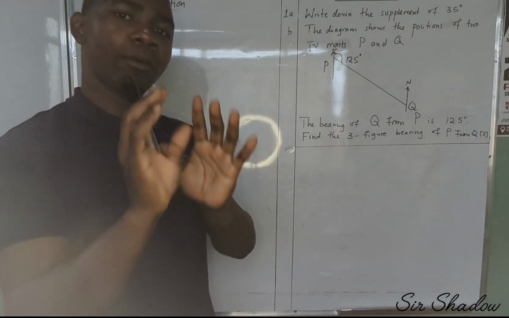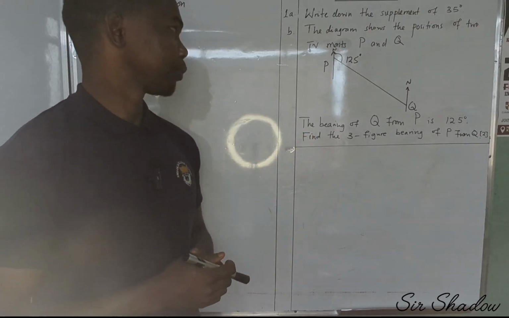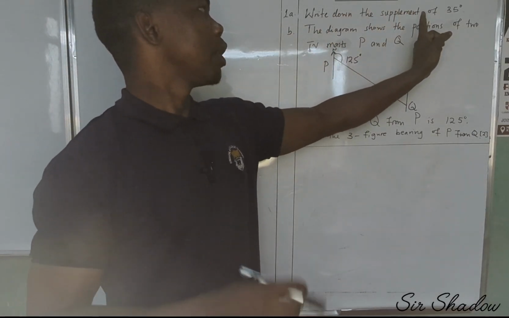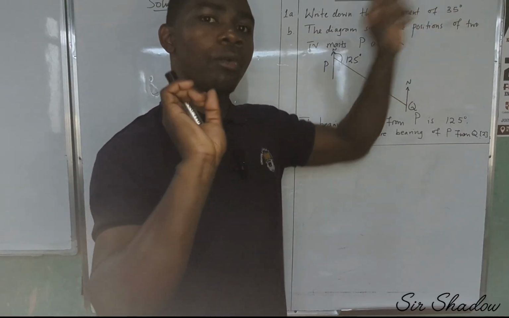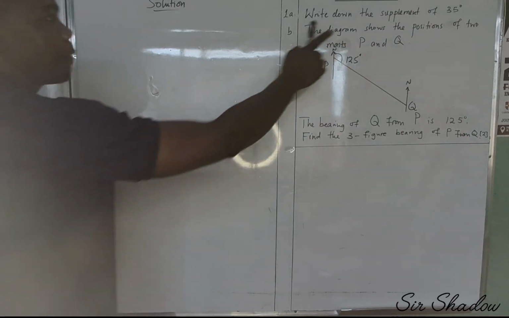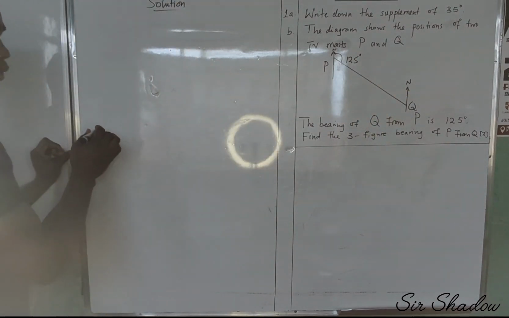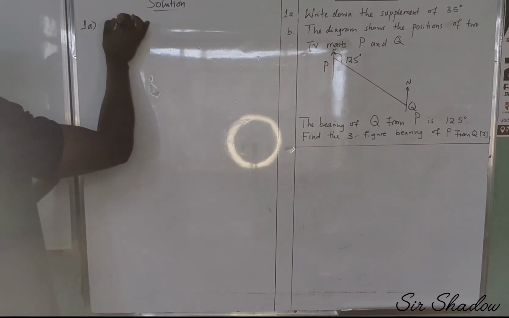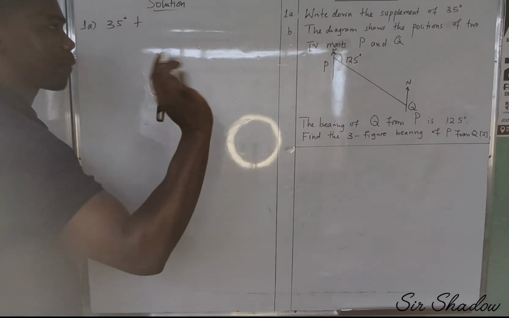So we want to find the angle which, if you add it to 35 degrees, we must get 180 degrees. So 35 degrees plus the supplement of 35 degrees should get 180 degrees.